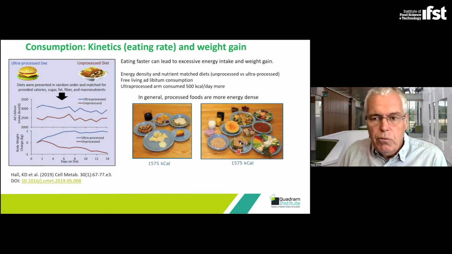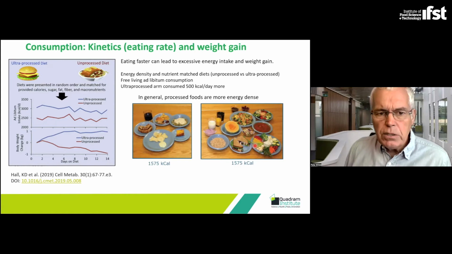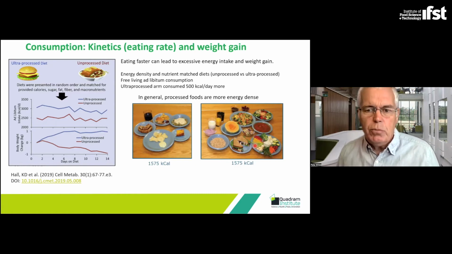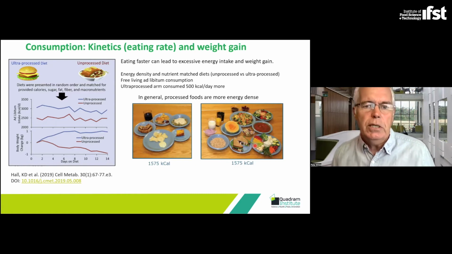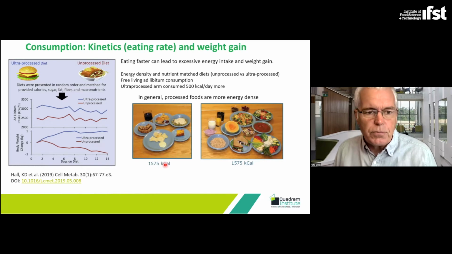Because the volume you need to eat to get to the same calorific intake is much greater, it leads to greater satiety and appetite suppression. The volume of the food, the low energy density, and the fact that it takes you longer to eat these types of food all contribute to these differences in energy intake.